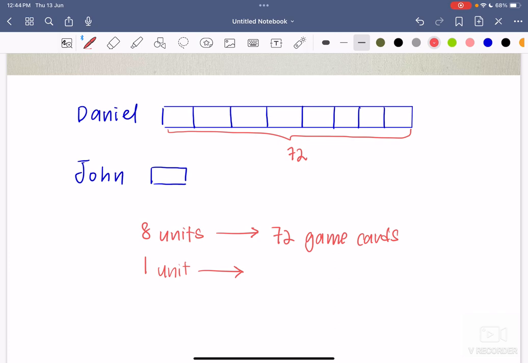So you just take 72 divided by 8, which is 8.